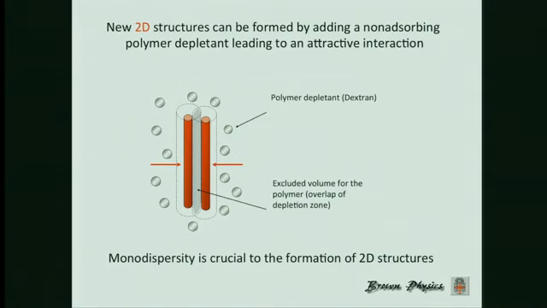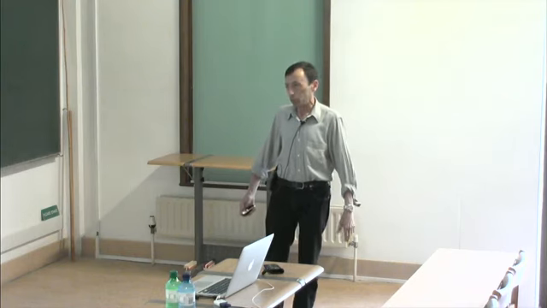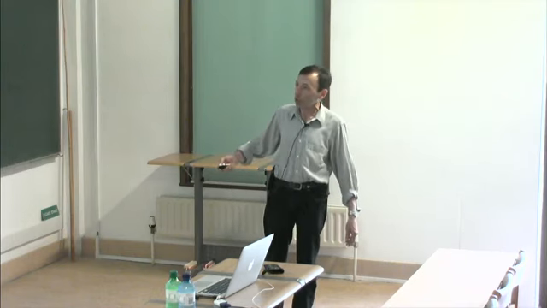Via this depletion interaction, you form an effective attractive interaction between the FD viruses, in addition to their hardcore repulsion. In particular, if you pay close attention to monodispersity, and there are experimental tricks for doing that, if you make very monodisperse solutions of FD, you can form some really incredible two-dimensional structures.